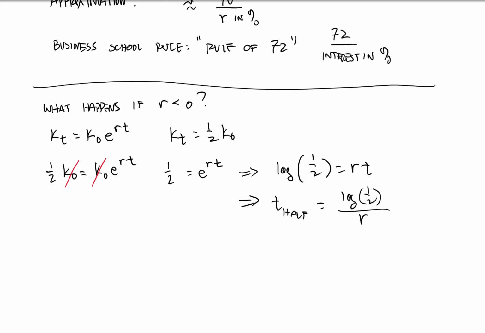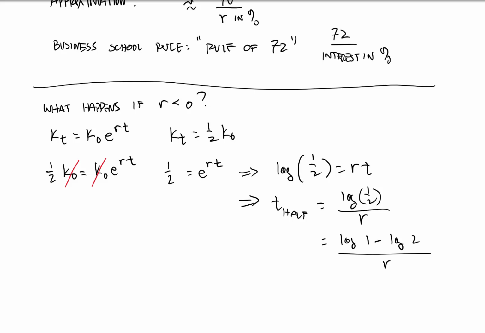What's the logarithm of 1/2? Well, the log of a ratio is the difference in the logs of the numerator and the denominator. So that is going to be the log of 1 minus the log of 2, divided by r.